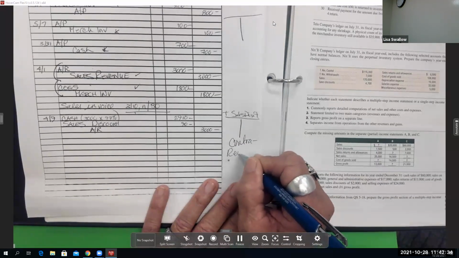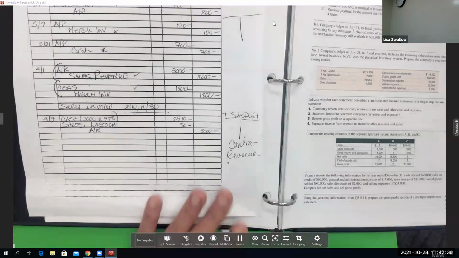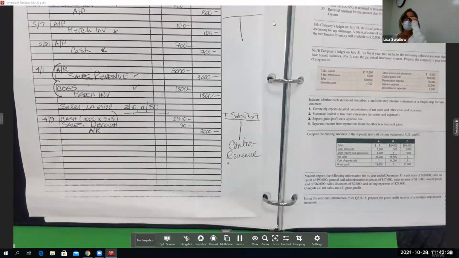Wow. Did you get that from the reading or did you figure that out? Oh, cool. Yeah, it's a contra revenue. It goes against the revenue account of sales.